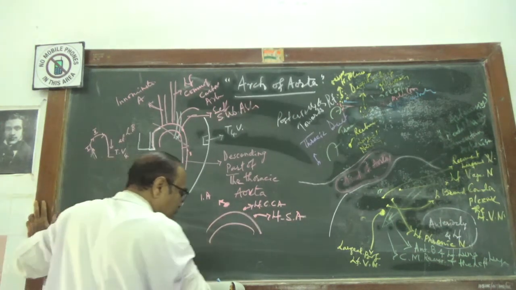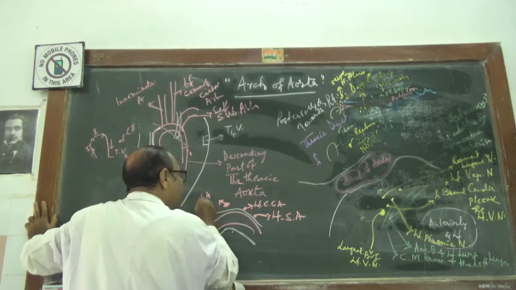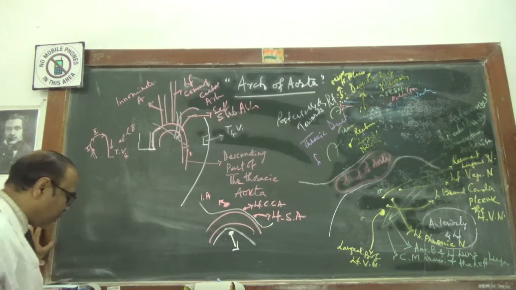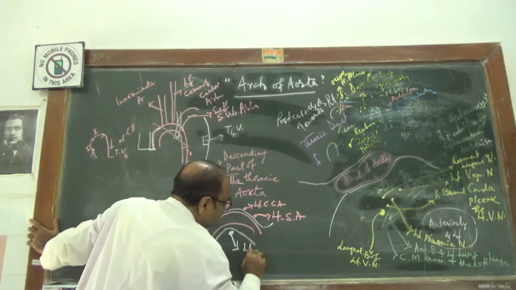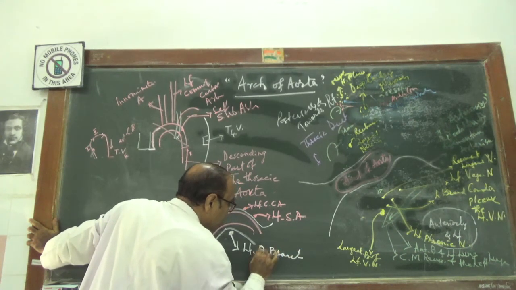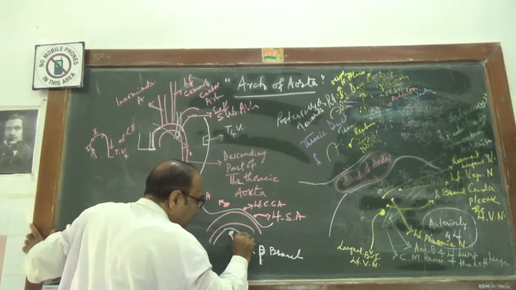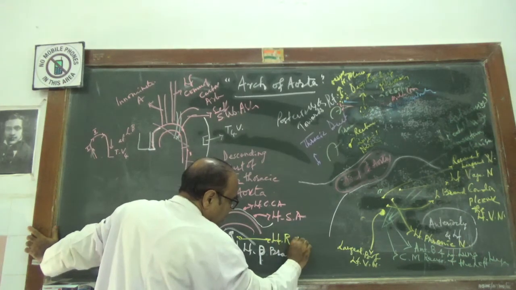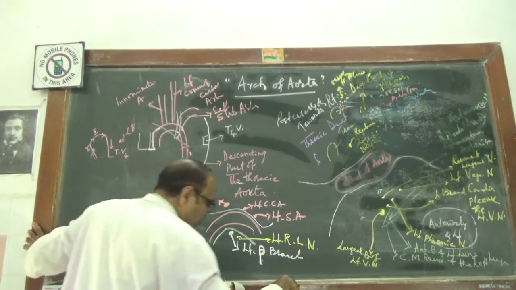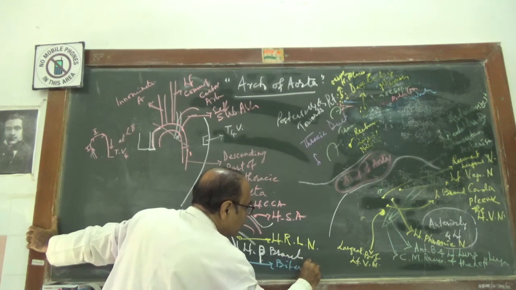Below, at this point of the arch of aorta, you will have the left principal bronchus, and then the left recurrent laryngeal nerve, and then the bifurcation of the pulmonary trunk.